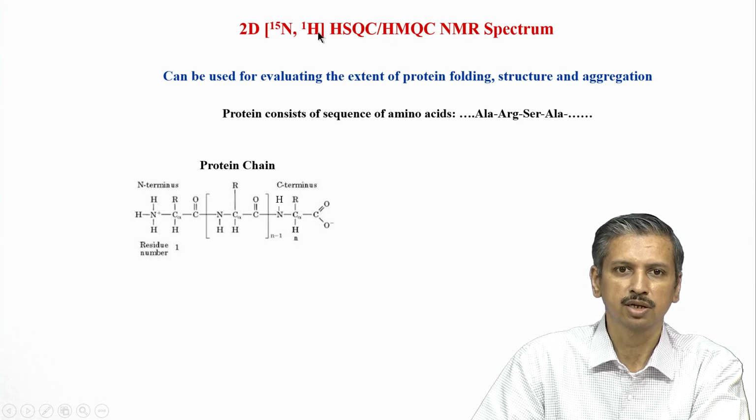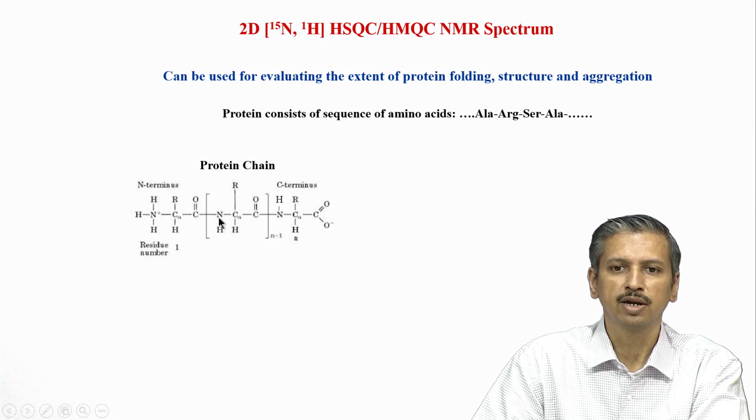You can see this is a very specific experiment where I am correlating the chemical shift of the nitrogen, this nitrogen, with this hydrogen. But what is important to note is that this nitrogen is now N15, which means I am not looking at the natural abundance N14, I am enriching this molecule.